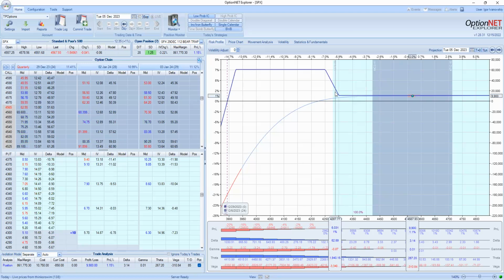For those that may be slightly advanced, question for you guys: what is the probability, based on current implied volatility, that we end up somewhere above the 4,300? Going to give you a minute to think about it if you want to take a shot.